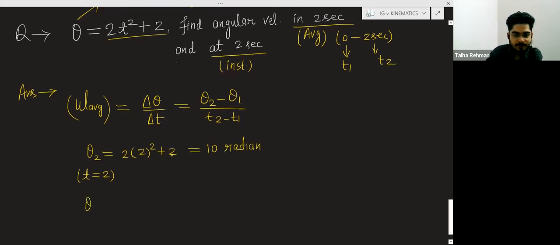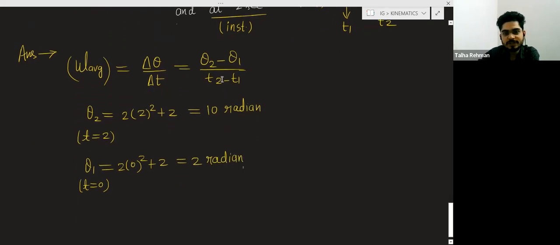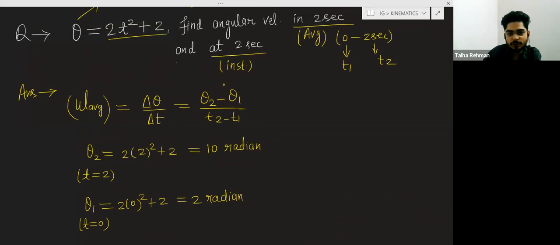Theta 1 means you will put t is equal to 0, so you will get 2 radian. Now you can find theta 2 minus theta 1. What is your theta 2? 10.